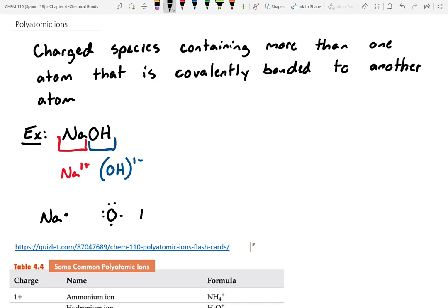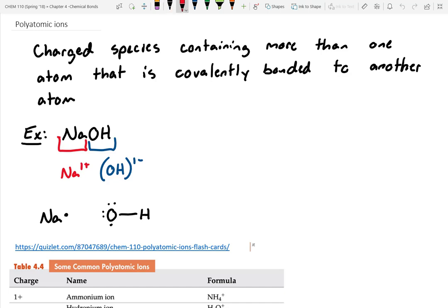We know hydrogen has 1. So what we're going to do is we're going to try to pair up the O and the H because they are covalently bonded together. So I'm just going to show this as a bond like that. But if you notice, sodium's not happy because it has an unpaired electron, and oxygen's not happy because it also has an unpaired electron on the bottom.